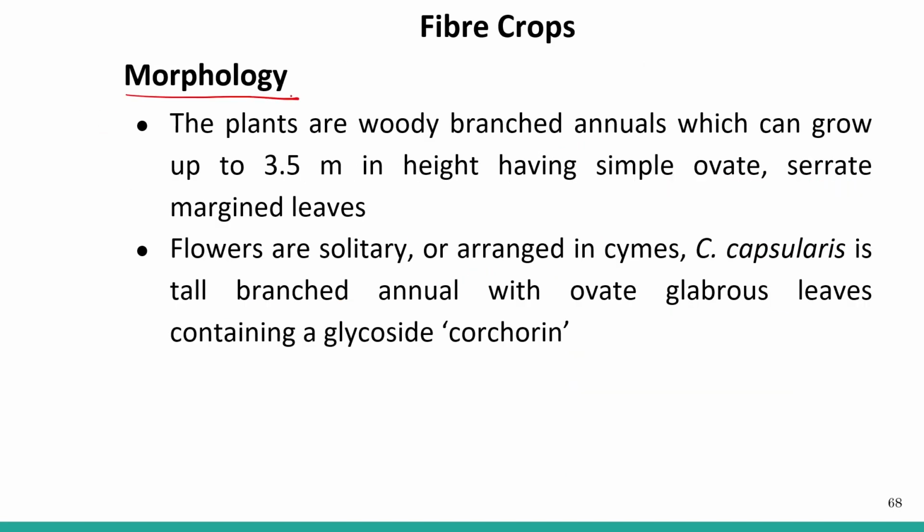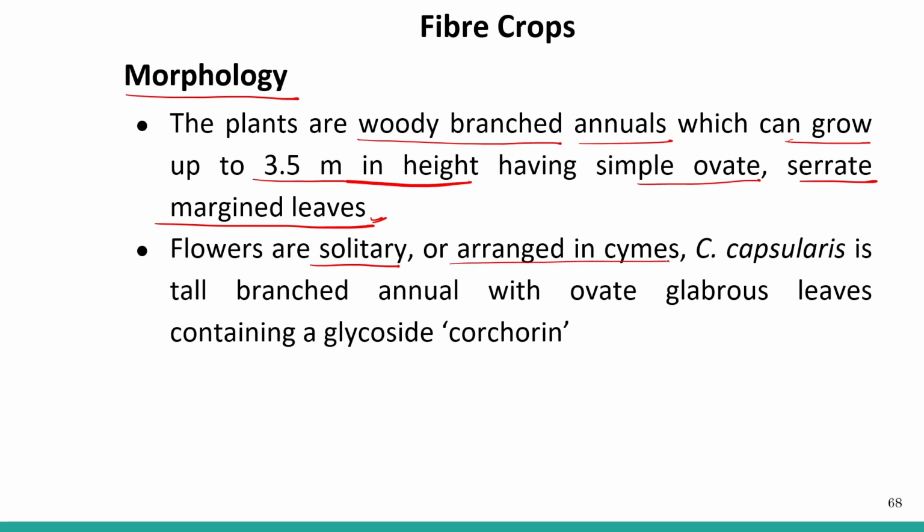Morphology of the plants, how the plant looks. The plants are woody, branched, annual, which can grow up to 3.5 meters in height, having simple ovate, serrate and marginal leaves. Flowers are solitary or arranged in cymes.